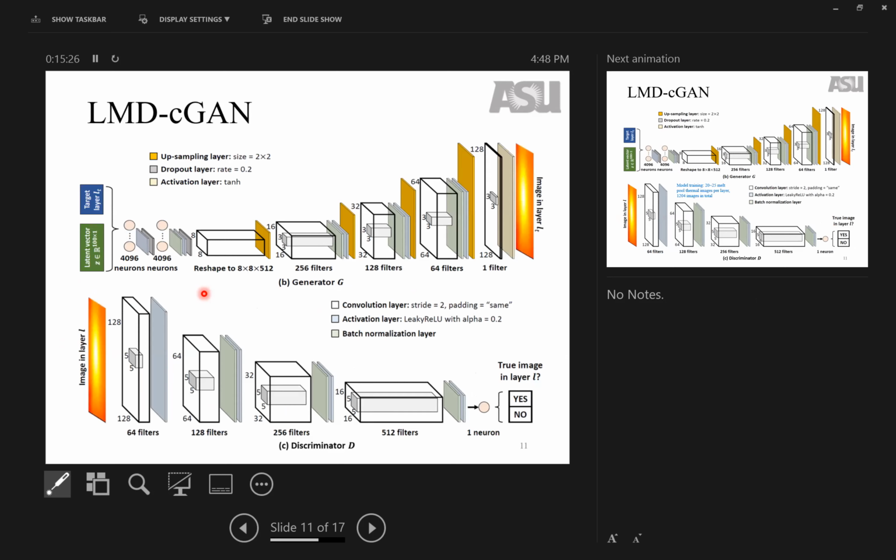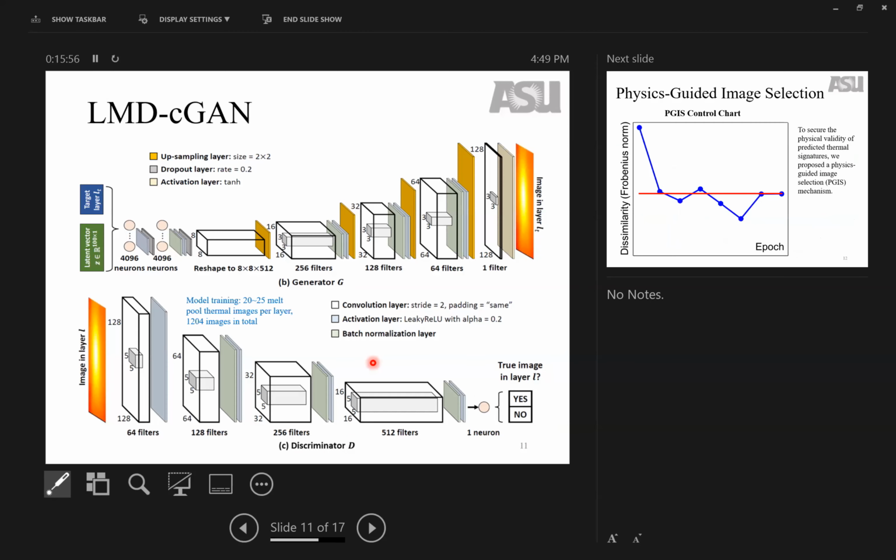This is the architecture for the generator G and discriminator D. You see that the generator takes the latent vector from the encoder and also the target layer given by the user, and maps them to a synthesized image for the target layer. Then the discriminator D takes the generated image and maps that to a decision whether the image is a true image or a fake image.